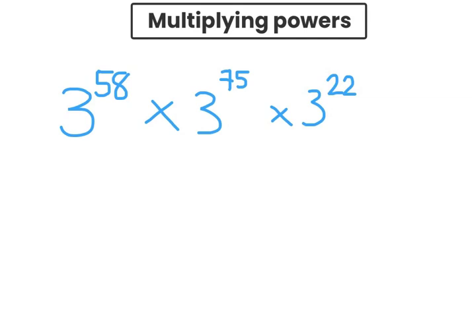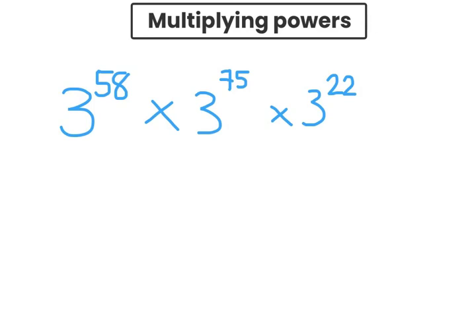Let's use the same concept that we used in the previous example. What this product means is I'm multiplying 58 3's together, and then with another 75 of them, and then with another 22 of them. So I'm saying 3 times 3 times 3, 58 of them, times 3 times 3 times 3, 75 of them, times 3 times 3 times 3, 22 of them.